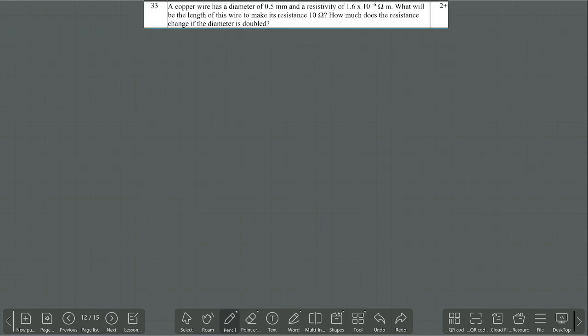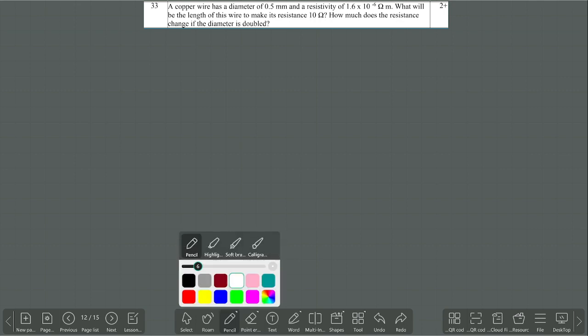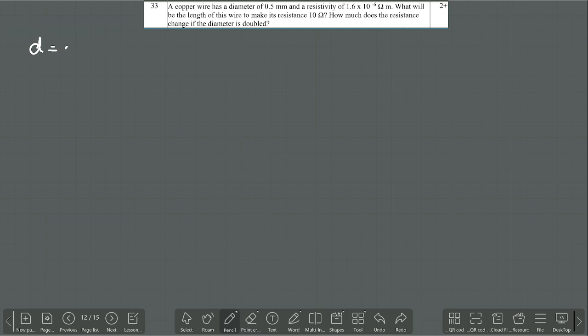So on to the next question. In the question, a copper wire has a diameter of 0.5 millimeter. That means the diameter of the wire is D is equal to 0.5 millimeter. Since millimeter is not the SI unit, first let us convert this millimeter into meter. So D is equal to 0.5 into 10 to the power of minus 3 meter.